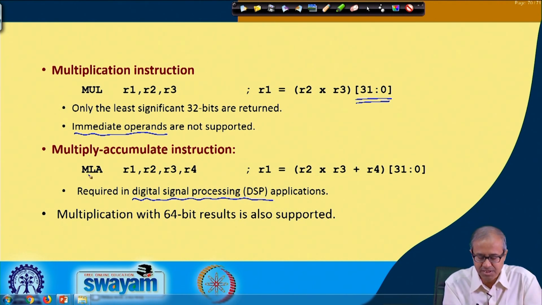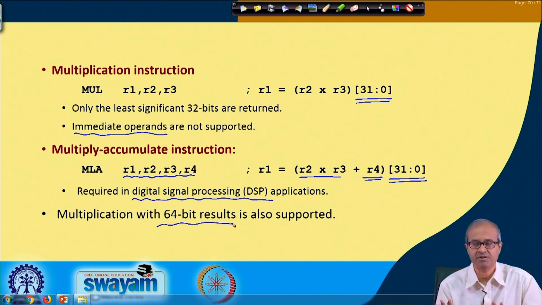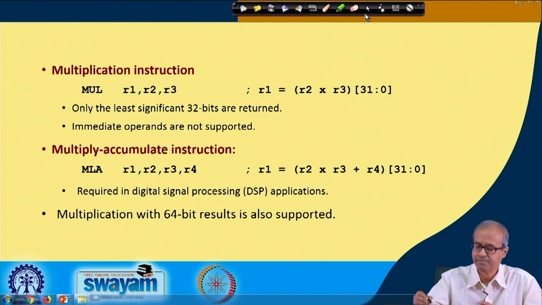So, here this multiply accumulate instruction will have 4 register operands, and the meaning is you multiply R2 and R3 and add it to R4. So, not only multiplication, also an addition, and you take the last 32 bits of the result. And as I said, a 64 bit multiplication version is also available, which we are not discussing right now here. Okay. That is also available.